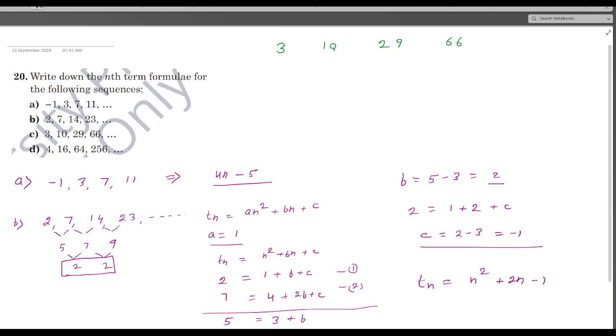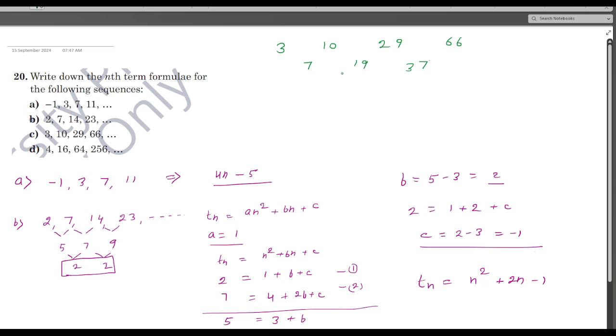Now here if I see the difference, here the difference is 7, here the difference is 19, and here the difference is... so this difference concept is not working out here.